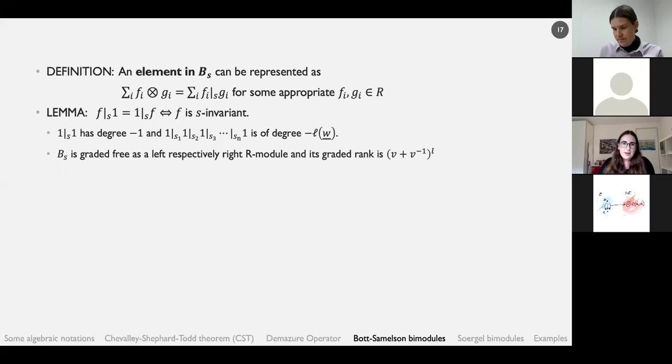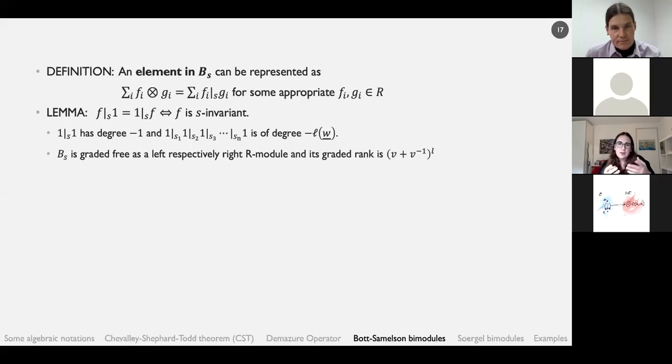An element in this BS can be represented as the sum over all i of the tensor product of f_i and g_i, and we can also replace the tensor product symbol with a wall symbol, and this wall symbol should represent kind of a porous wall which only appropriate polynomials can pass through.